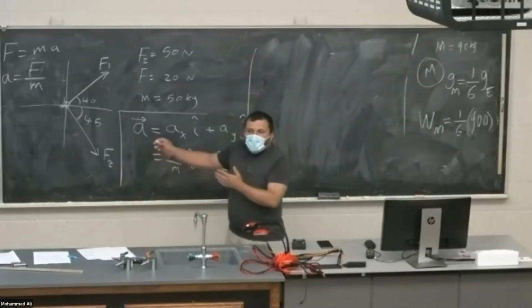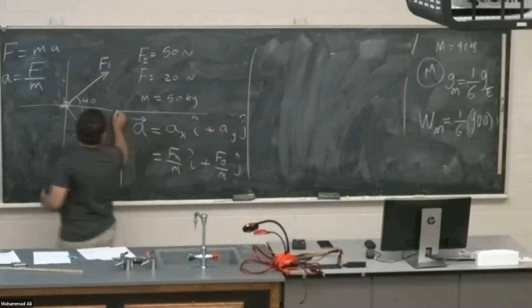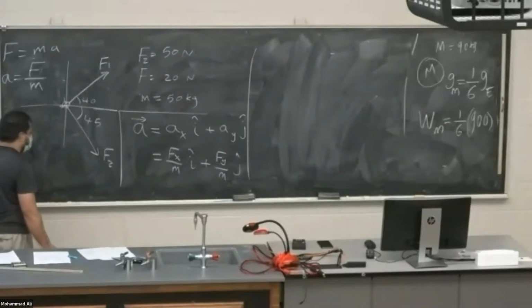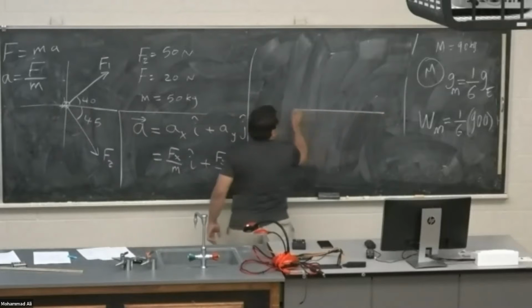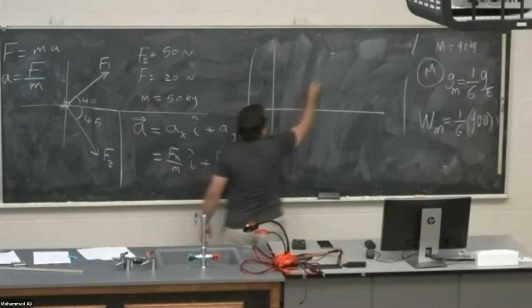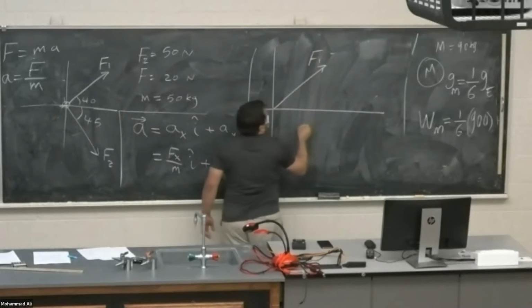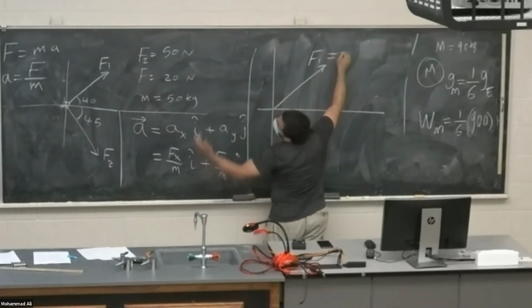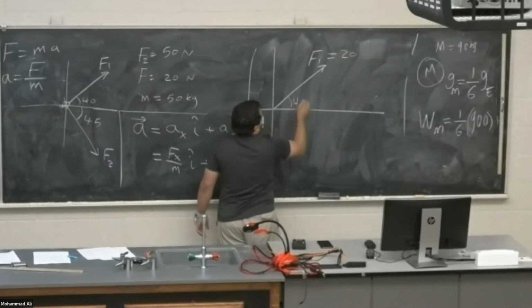I have forces with angles. I need to find the components of each force. I'll draw it here to make it simpler. This is F1 equal to 20 newtons. This is 40.